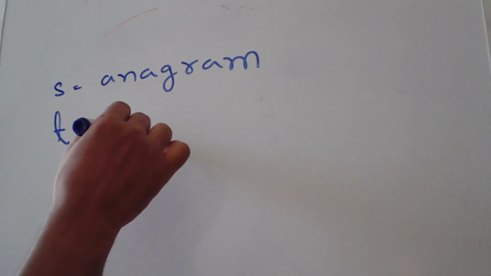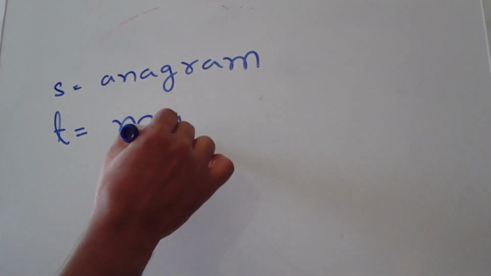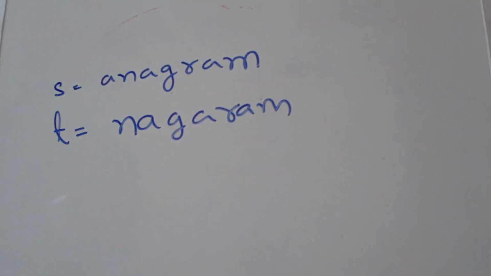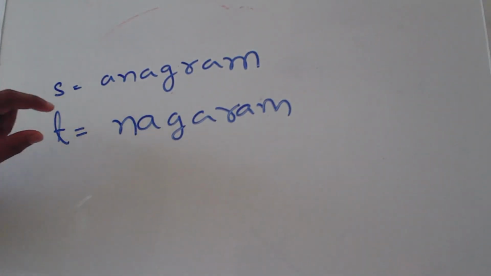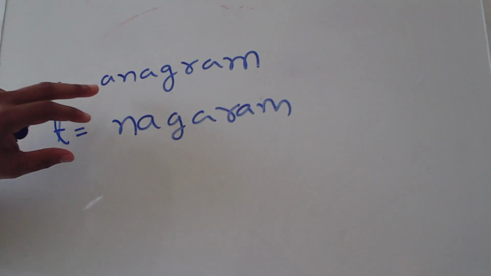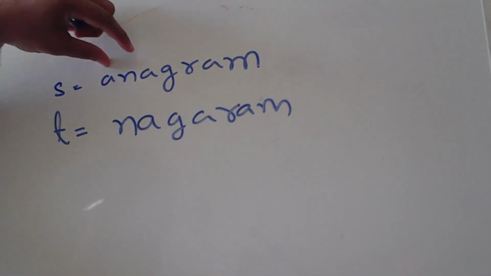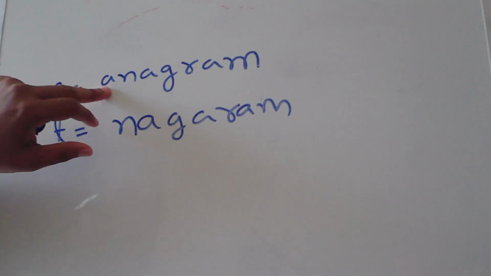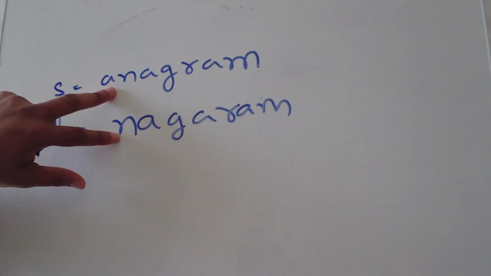Let it be nagaram. So now you see s and t are anagrams because every character of s is present in t, and the occurrence of characters is also the same.